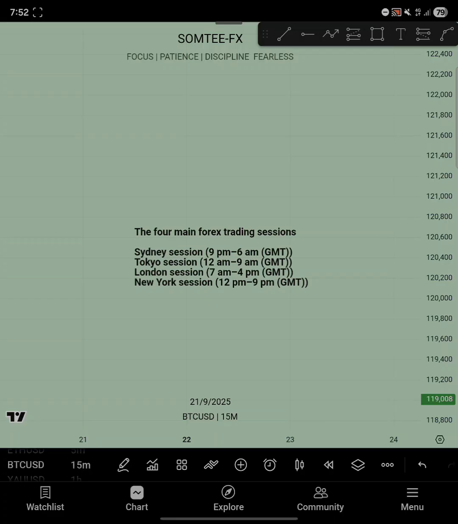The Tokyo section starts from 12 a.m. to 9 a.m. GMT. London section 7 a.m. to 4 a.m. GMT. New York section, which is 12 p.m. to 9 p.m. GMT.